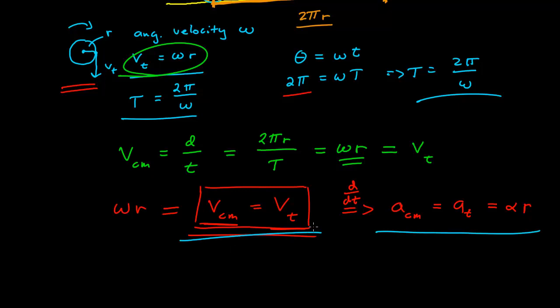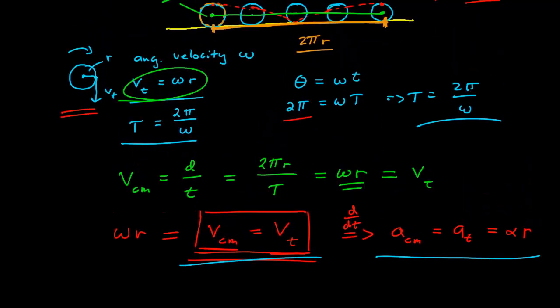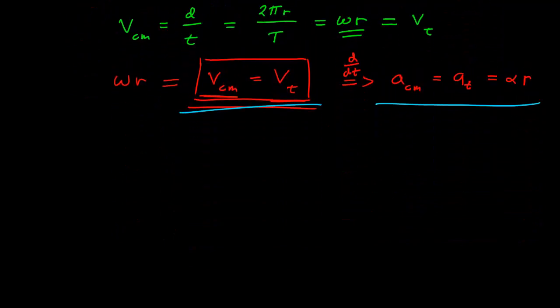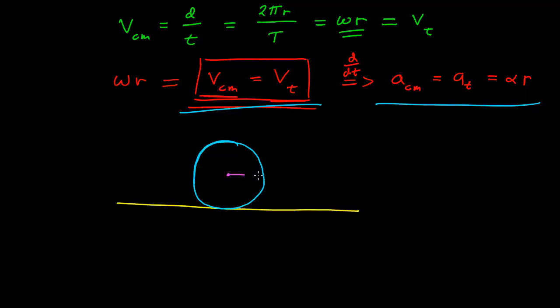Another way to look at this is if we go back to our cylinder here, or sphere too, any round object that's rotating. The center of mass is moving with some velocity, and this is relative to the ground.